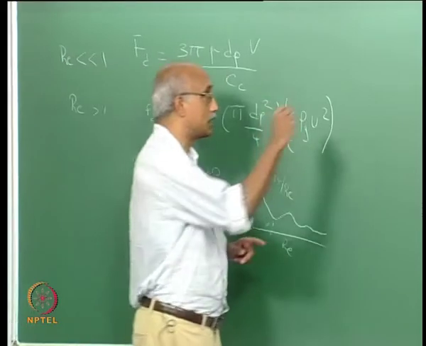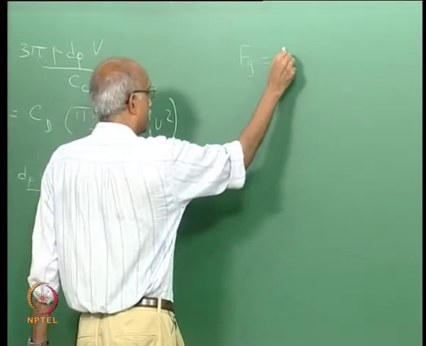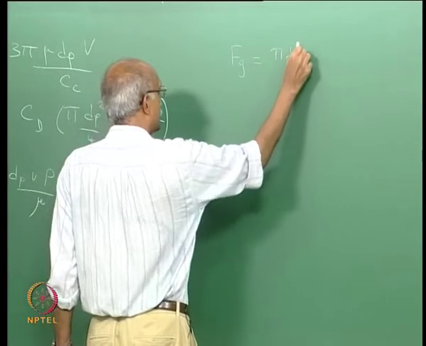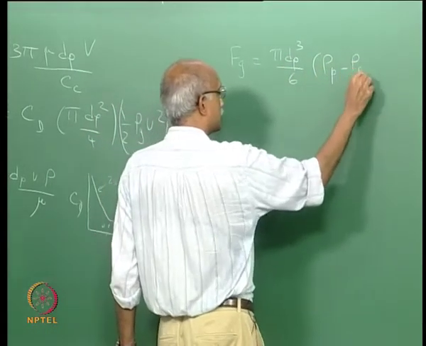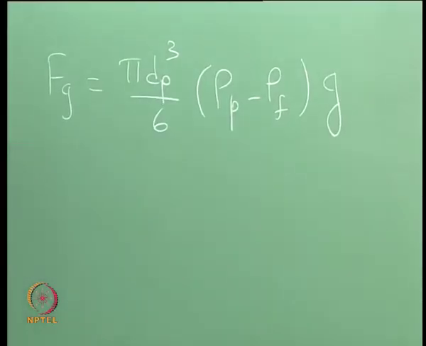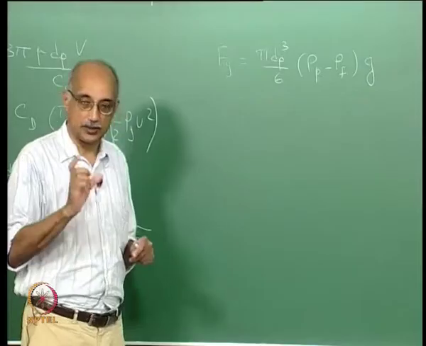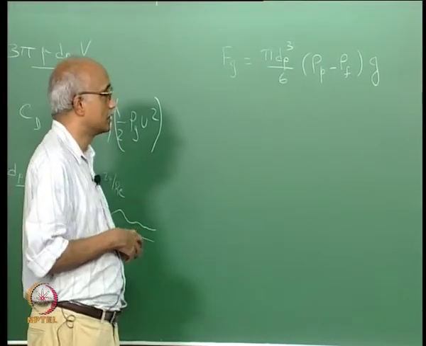Now, we also saw that the body force can be represented as pi dp cubed over 6 times rho p minus rho f times an acceleration g. Here, of course, rho p minus rho f refers to the differential in densities between the particle phase and the fluid phase.